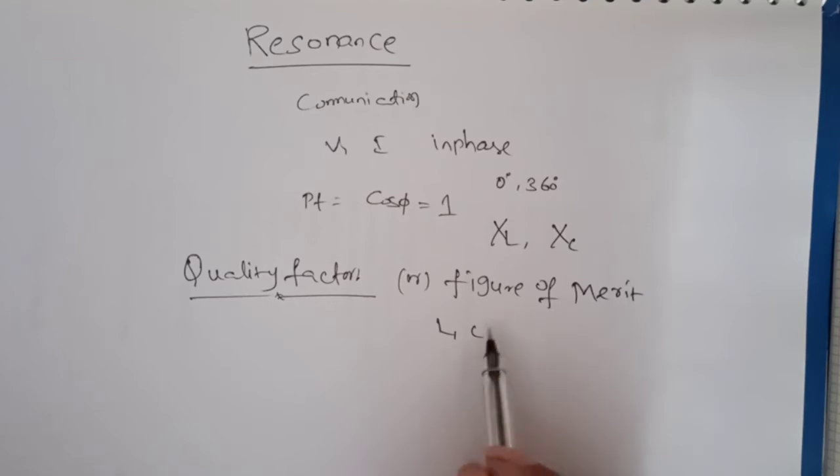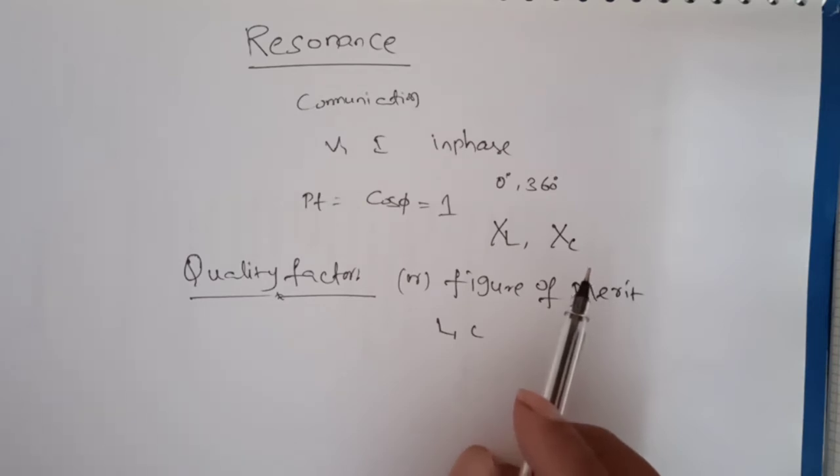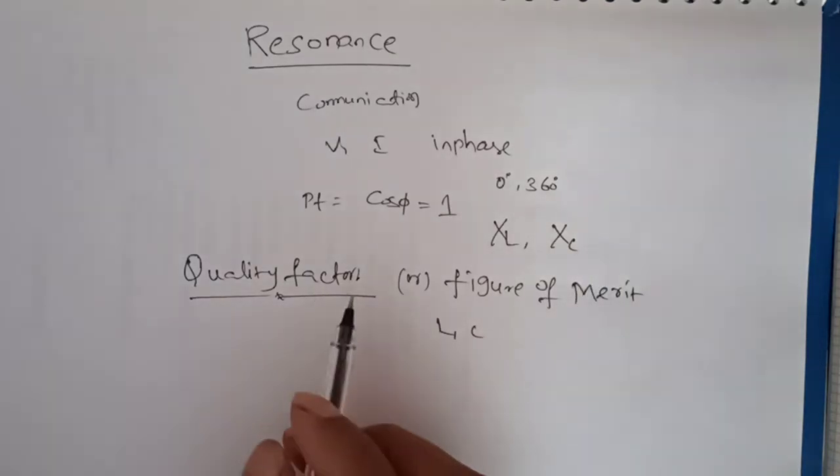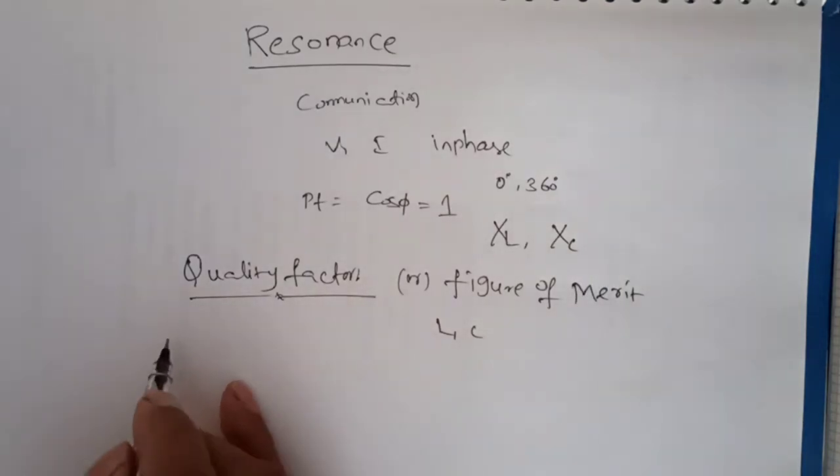So what exactly does the quality factor determine? It determines how efficiently these inductors and capacitors can store energy in their elements. Now let us write down the mathematical equation.